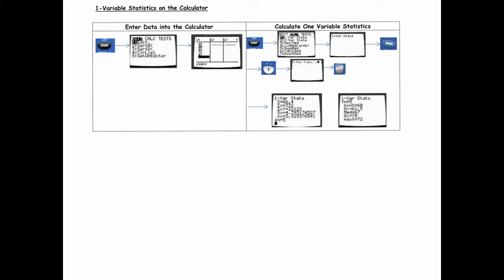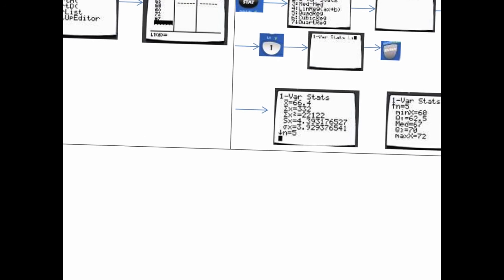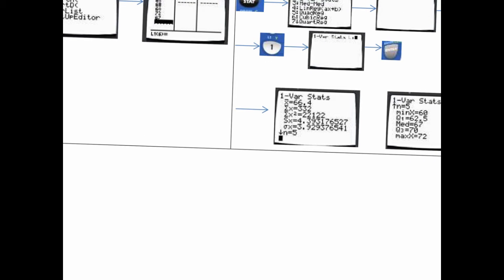I just want to point out the standard deviation again. The standard deviation is that one right here.